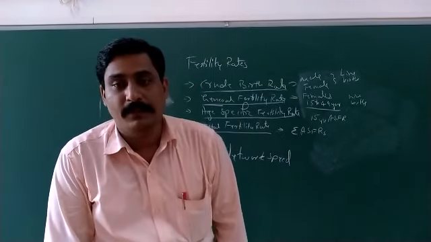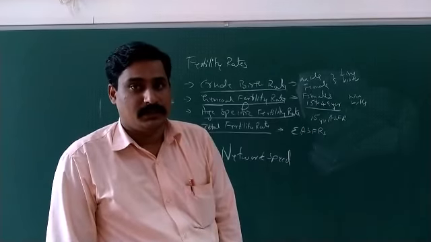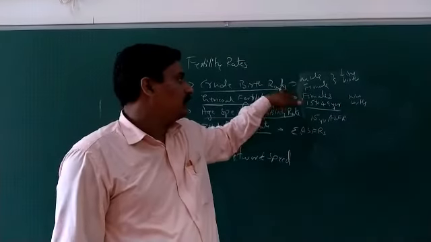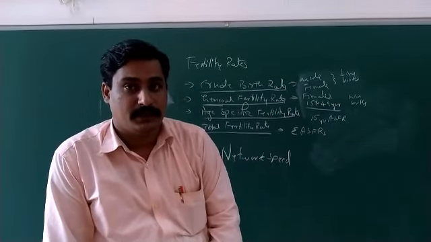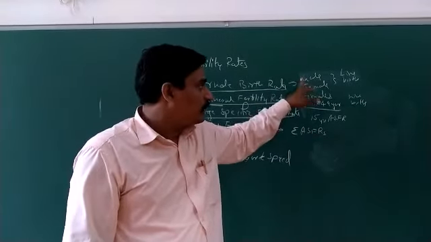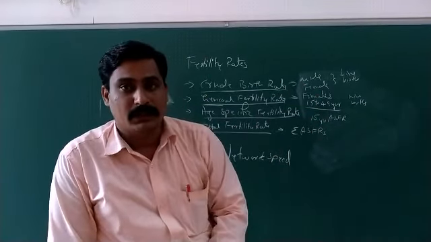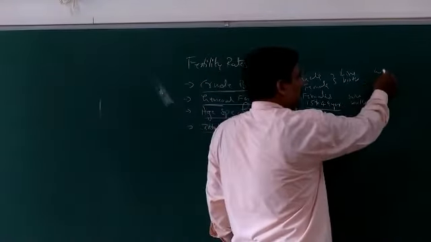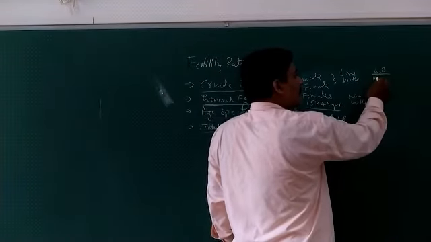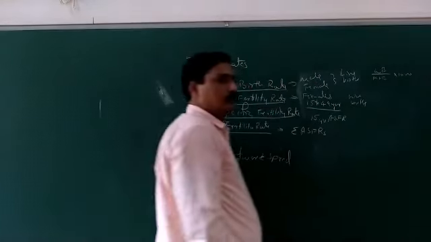As I said, population fertility rate is calculated per thousand. So crude birth rate is birth rate per thousand individuals. We take the total population, both male and female, and total live births. So the formula becomes live births divided by male plus female population into 1000.